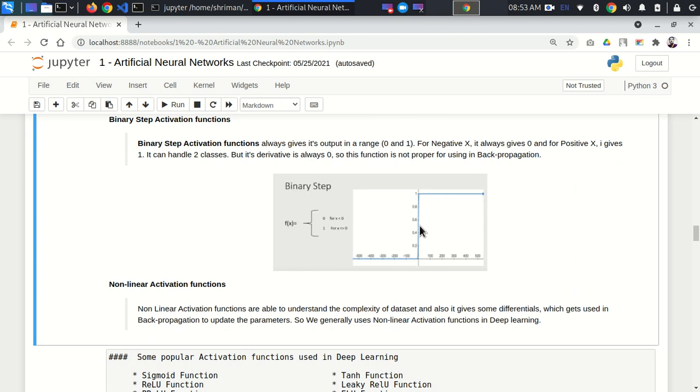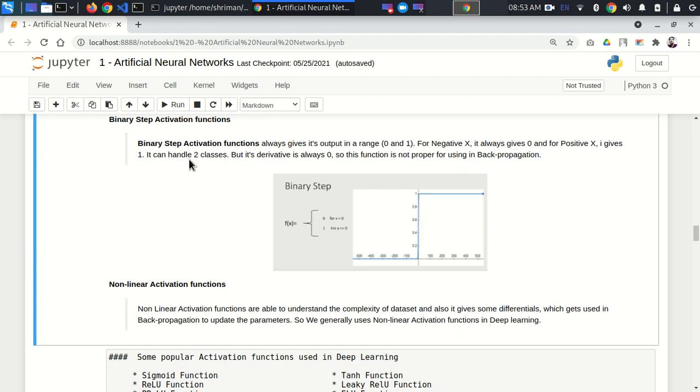For negative x it always gives 0, and for positive x it gives 1. It can handle two classes.